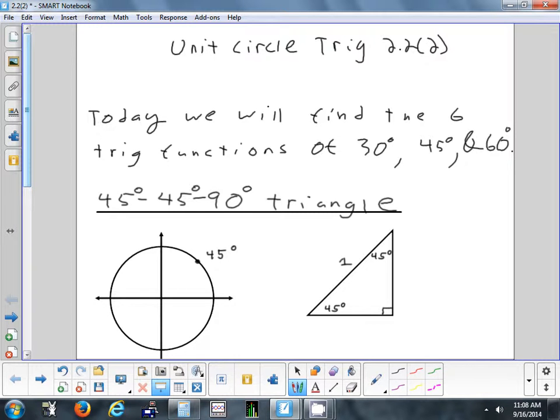Okay, so on your unit circle, 45 degrees is halfway between 0 and 90. And our angle would be right there.